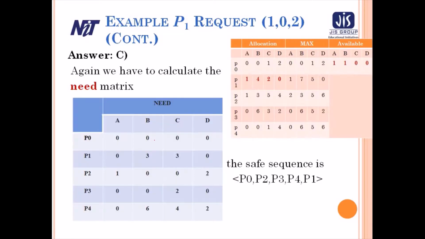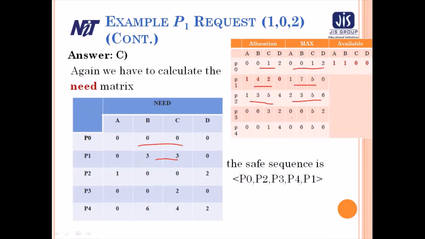So here for question 3, the need matrix changes. For P0, that is the same: max minus allocation, so 0012 minus 0012 is 0000. Now for P1, from 1750, in the previous problem we subtracted 1000, here we have to subtract 1420, so the need is 0330. For P2, the need is 2356 minus 1354, that is 1002.